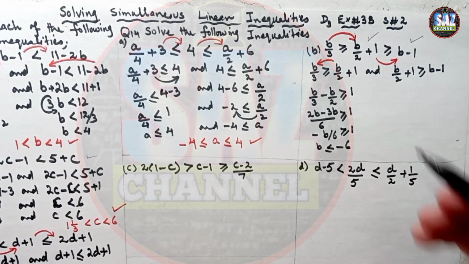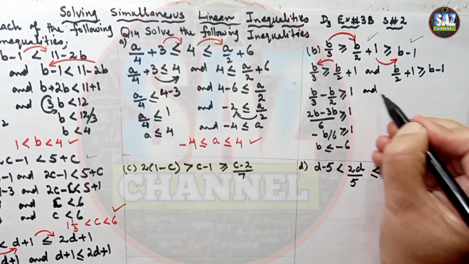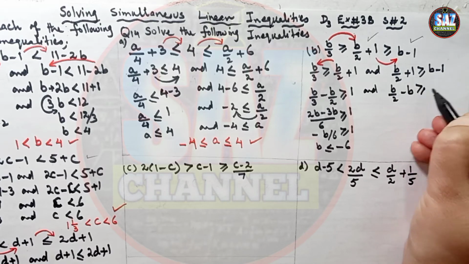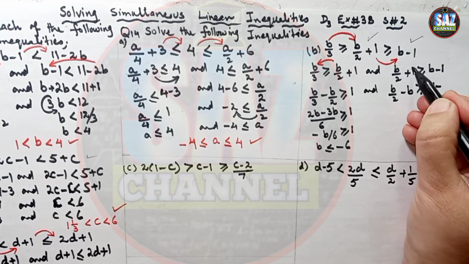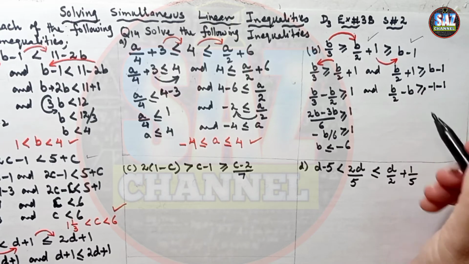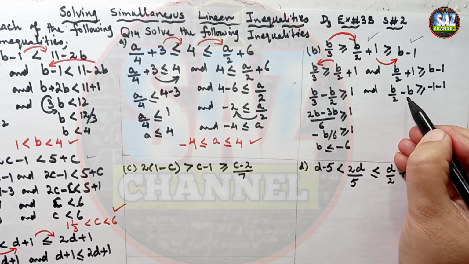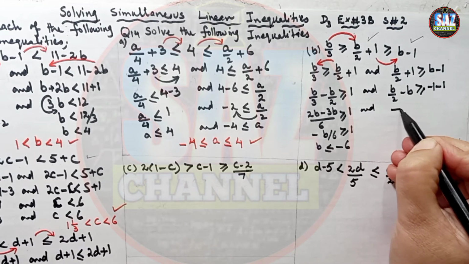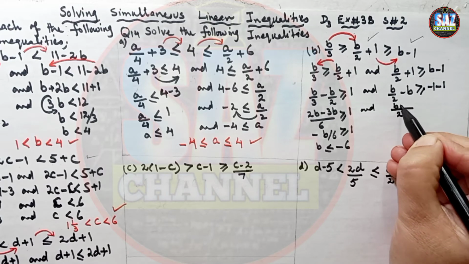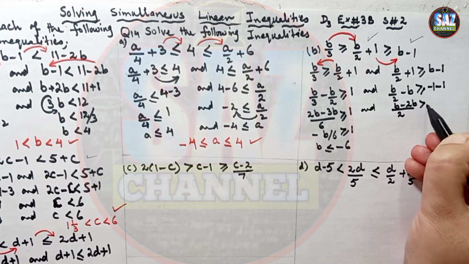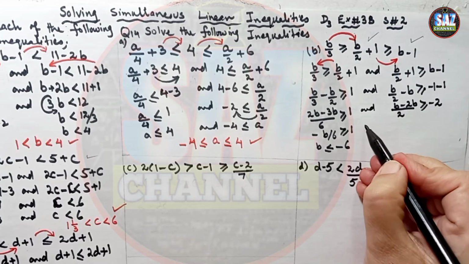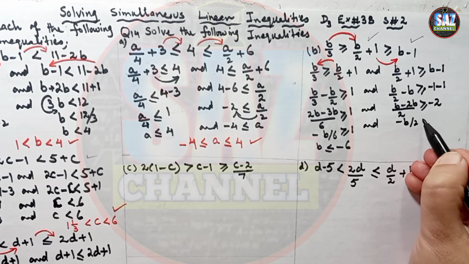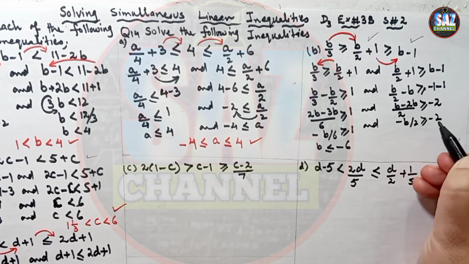Okay, now coming to the second part, that is b by 2 minus b is greater than or equal to minus 1, and when I'm shifting this 1 to the other side, minus 1. Now again I have to take the LCM over here, and that will give me b minus 2b over 2 is greater than or equal to minus 1, and minus b by 2 is greater than or equal to minus 1.